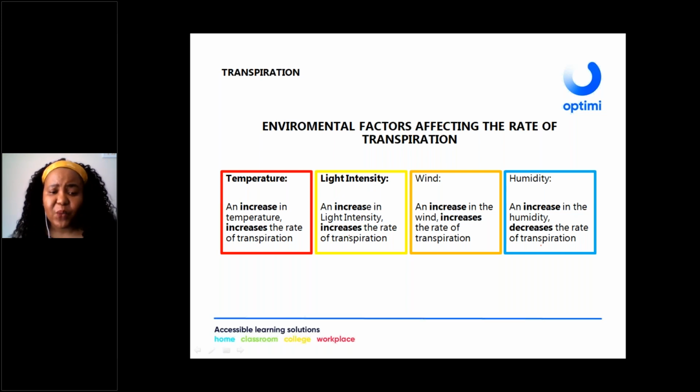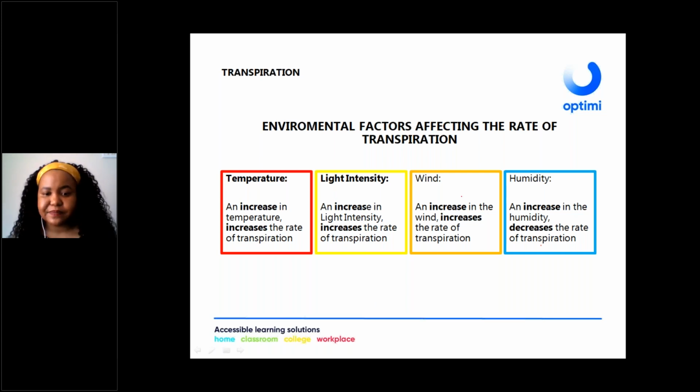Okay, and when the stomata opens, the water vapor will also escape or evaporate into the atmosphere. So an increase in light intensity will increase the rate of transpiration. Okay, because the stomata is going to be hard at work. It's going to be open most of the time, and every time it opens, water vapor will go out.